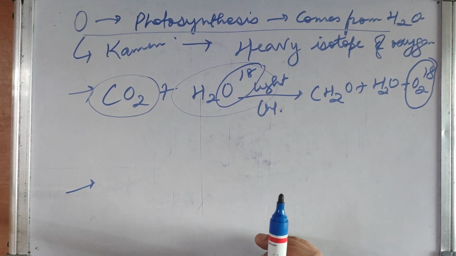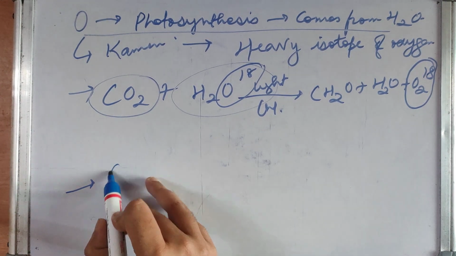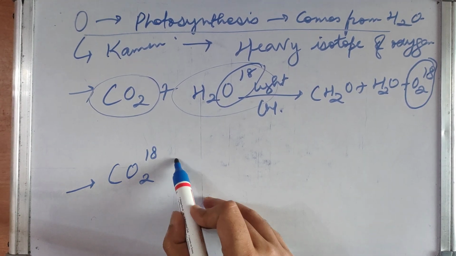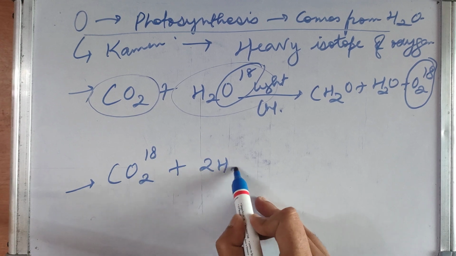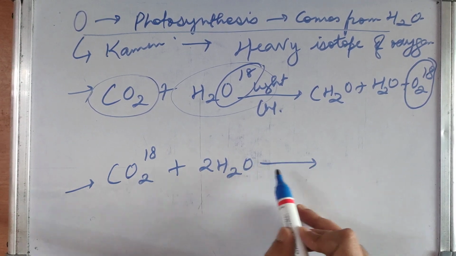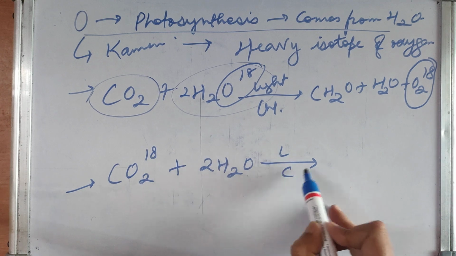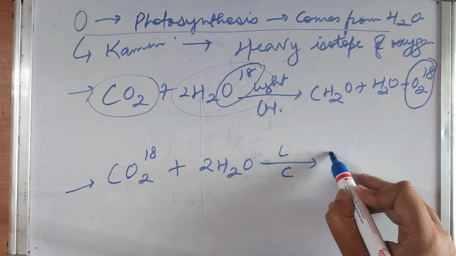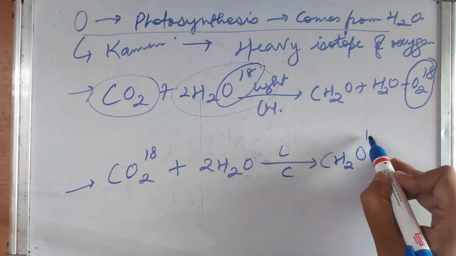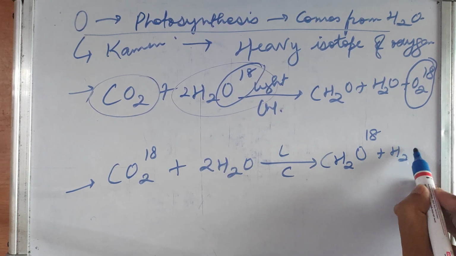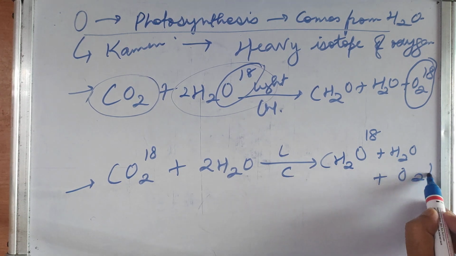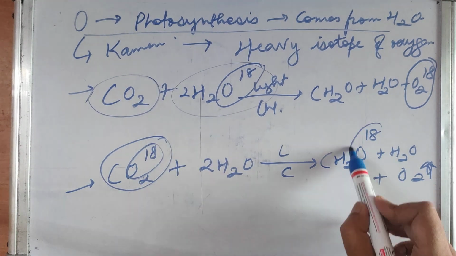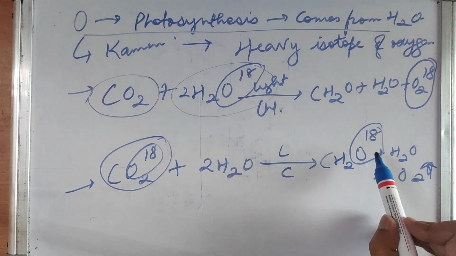To prove it correctly, he did a second step too. He used CO2 with O18 and normal water, H2O, in the presence of light and chlorophyll. CH2O18 plus H2O plus normal O2 was evolved, and the O18 was seen with CH2O18.